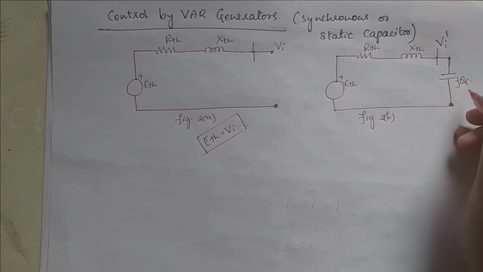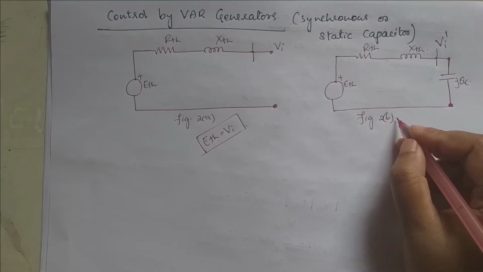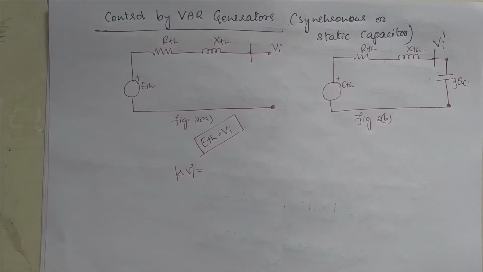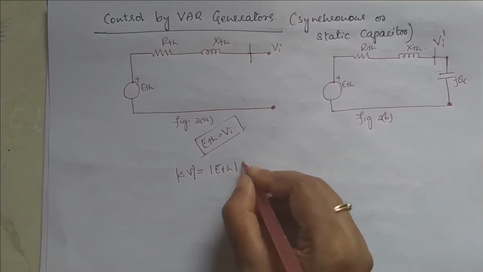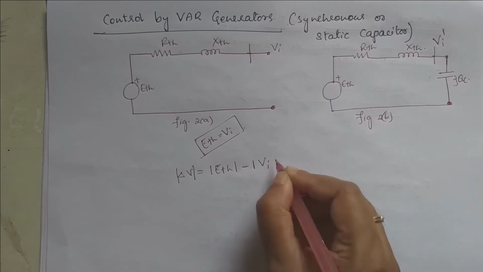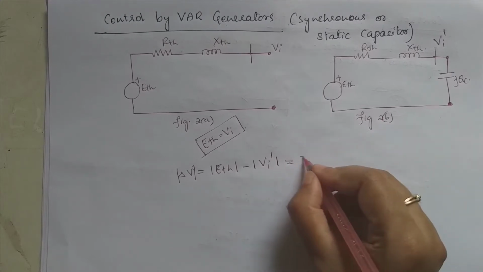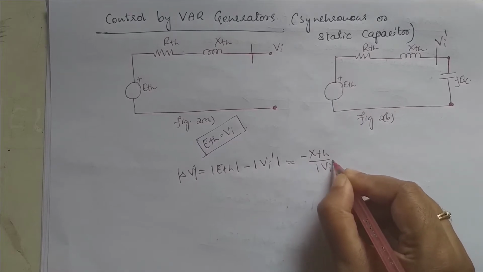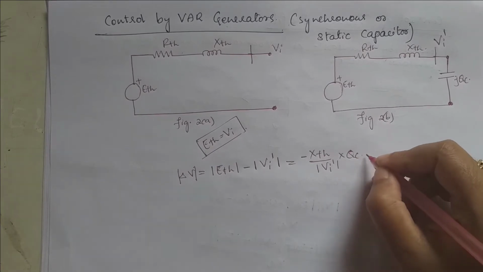When jQC is injected, as shown by the second figure, the equation becomes delta V is equal to magnitude of ETH minus VI dash, which is equal to minus XTH by VI dash into QC. You may think, how do we get this equation? We will see this.